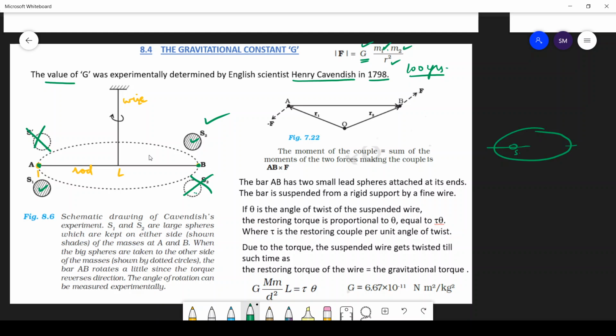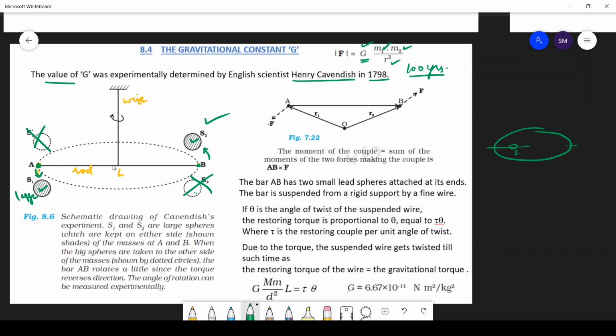Now what happens is that you have these very large spheres. Obviously, due to gravitational force, these small lead spheres will be attracted towards them, and here also it will be attracted towards this.